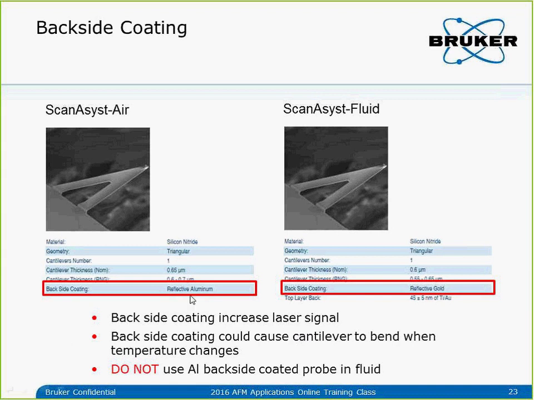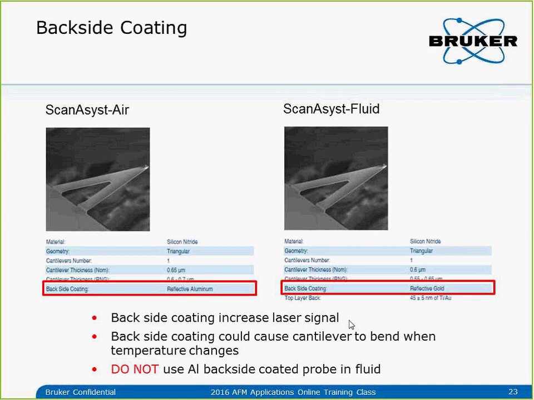But one thing I want to mention here: for the backside coating, we typically have aluminum or gold, and they are designed for different purposes. Aluminum is typically used in air, and gold is used in fluid. In fluid, sometimes you may use chemicals with different pH or that are a little corrosive, and aluminum is not a good choice because aluminum is a relatively active material.